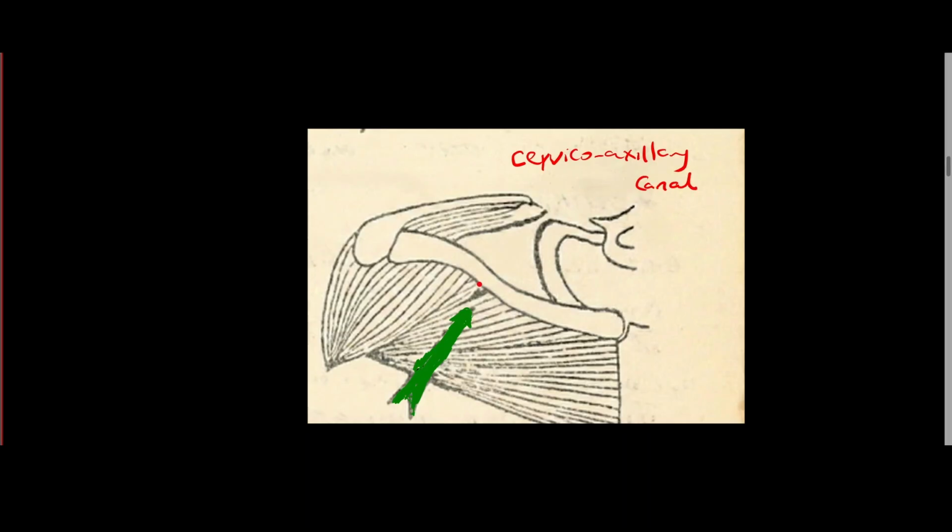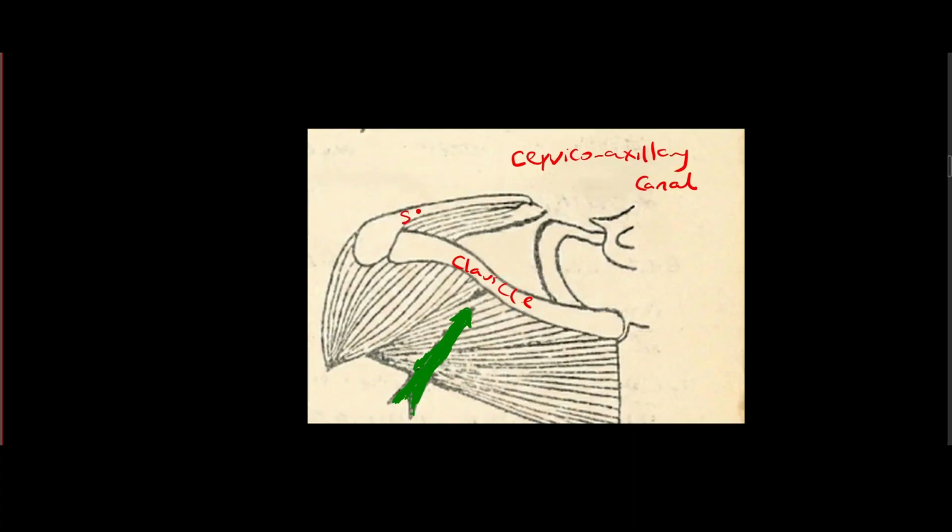All right. Now the apex of the axilla is bounded anteriorly by the posterior surface of the clavicle. Now this is the clavicle, right? And its posterior surface forms the anterior boundary of the apex of the axilla. Now the posterior boundary is formed by the superior border of the scapula.